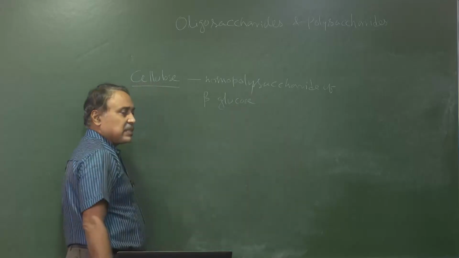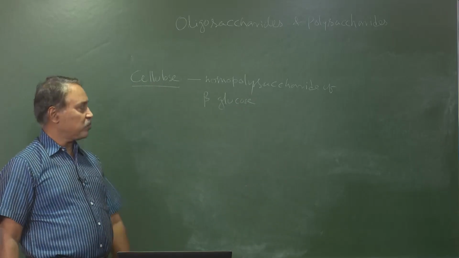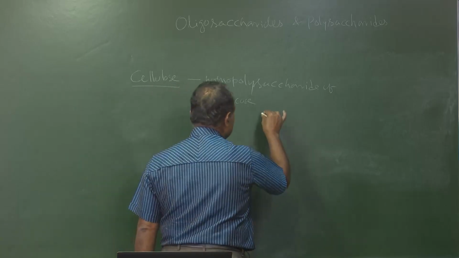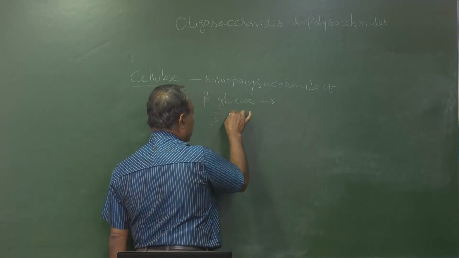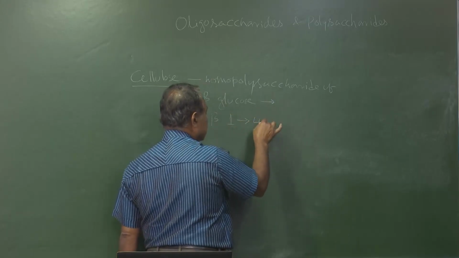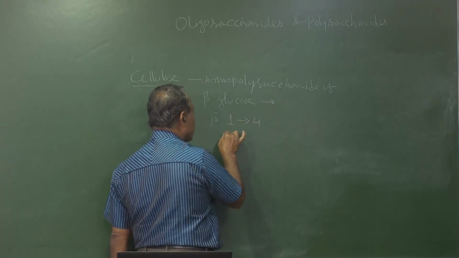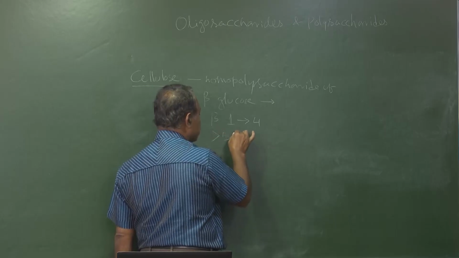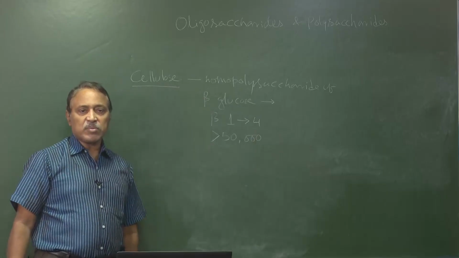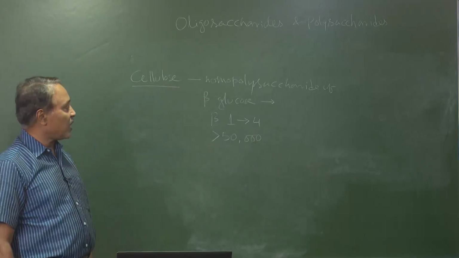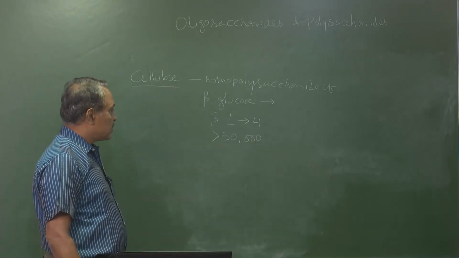Beta glucose means beta D glucopyranose, and they are joined using beta 1,4 linkage. How many? More than 50,000 glucose residues are joined together to produce the cellulose.